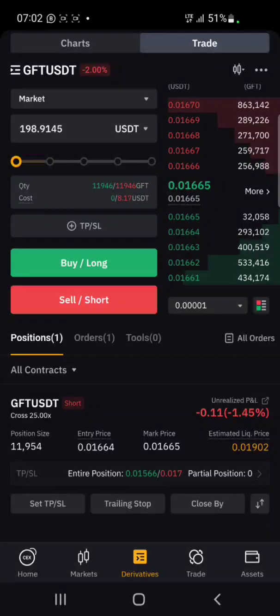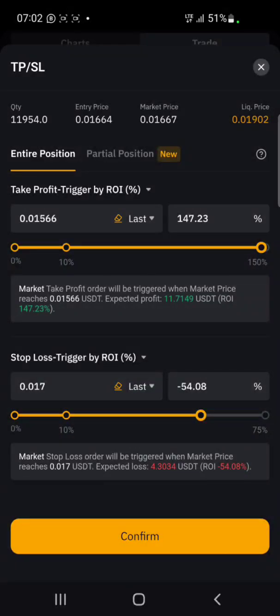But if I say move your stop loss to break even, what I'm trying to tell you is that you set your stop loss. You see set stop loss here, you click on it, then you move it to the market price. I will only tell you this when you're already in profit.